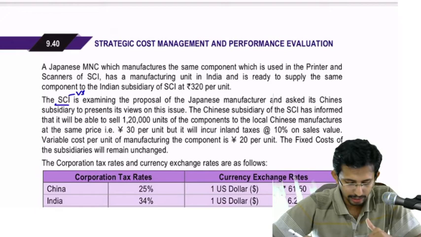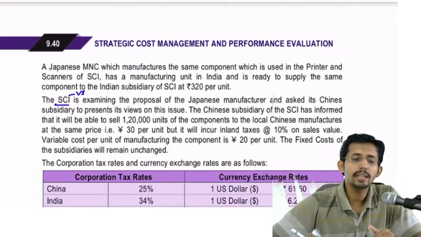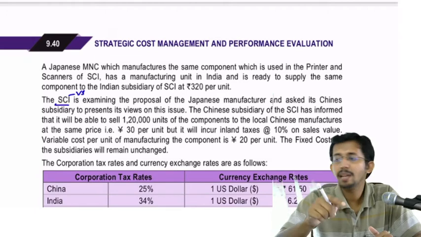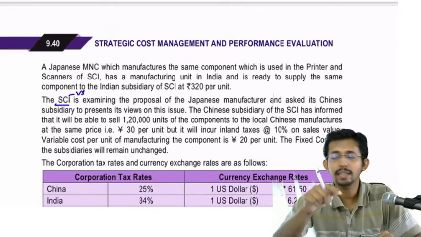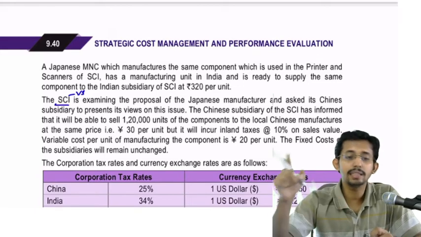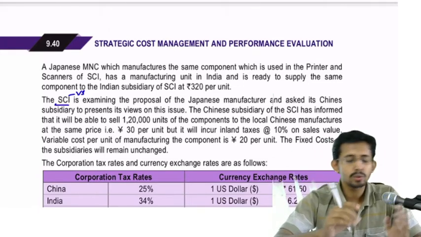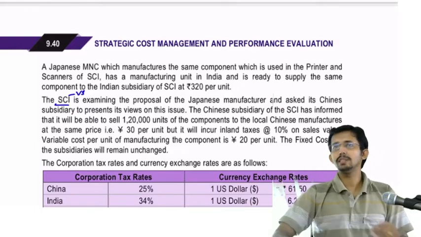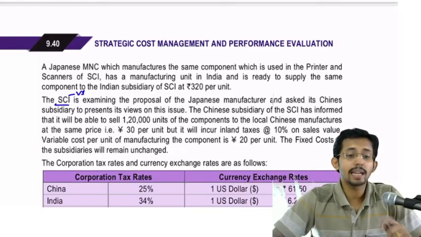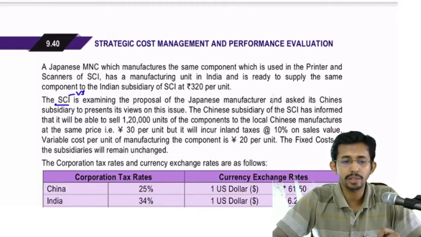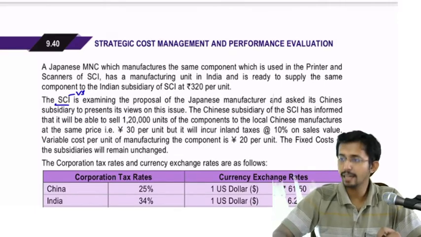Because the company feels that the rate at which this component is made available in India may be lower or cheaper than the rate at which it is supplied by the Chinese subsidiary. But since it is an internal transaction, they want to know the view of the Chinese subsidiary before they take a final view.